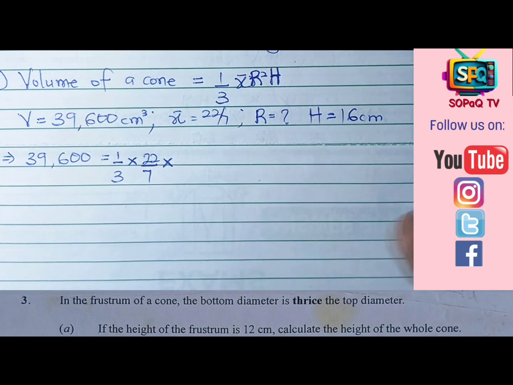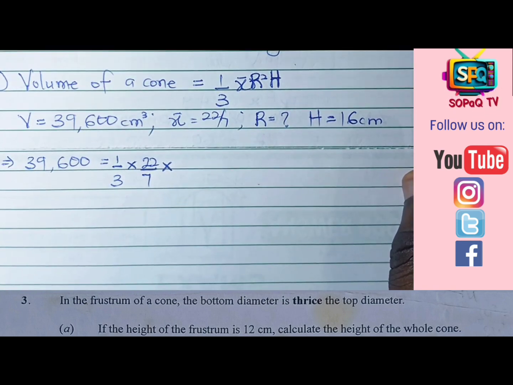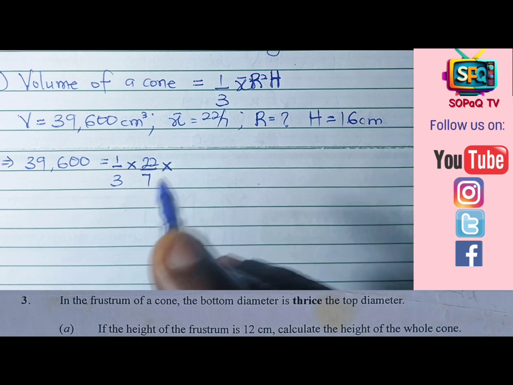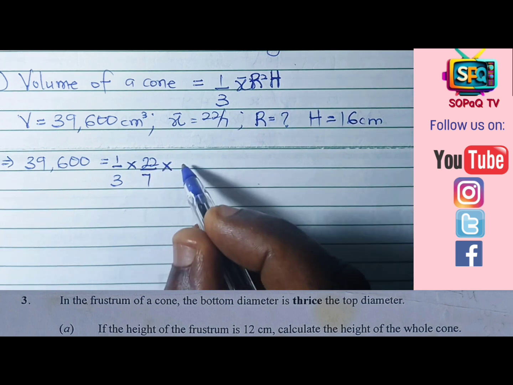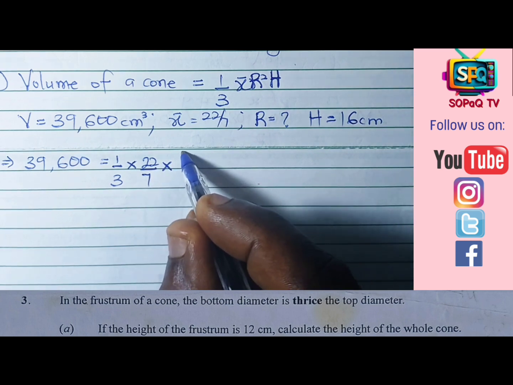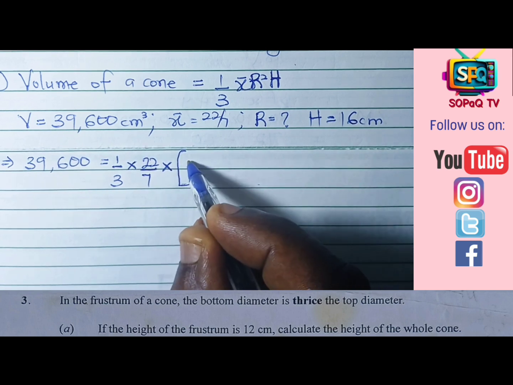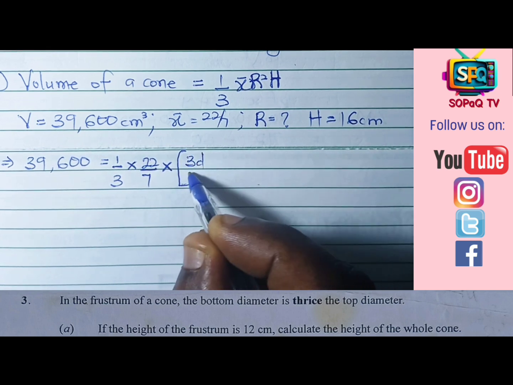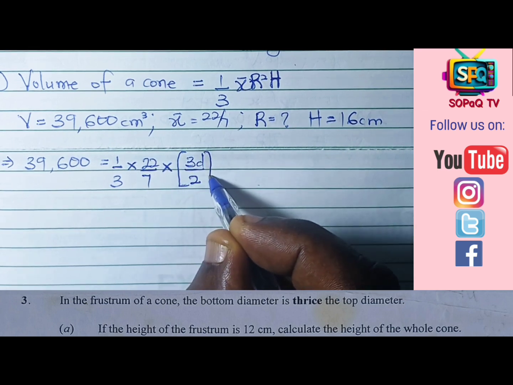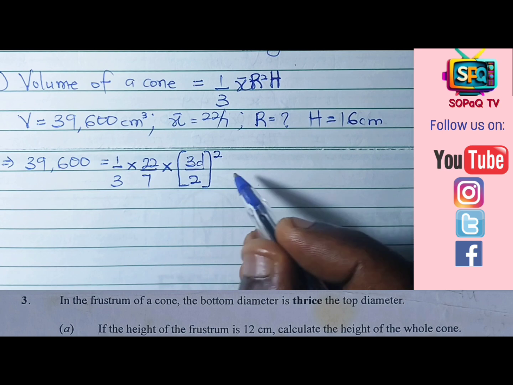And I think our r squared can be replaced by what we got for r squared, which is 3d on 2 all squared.